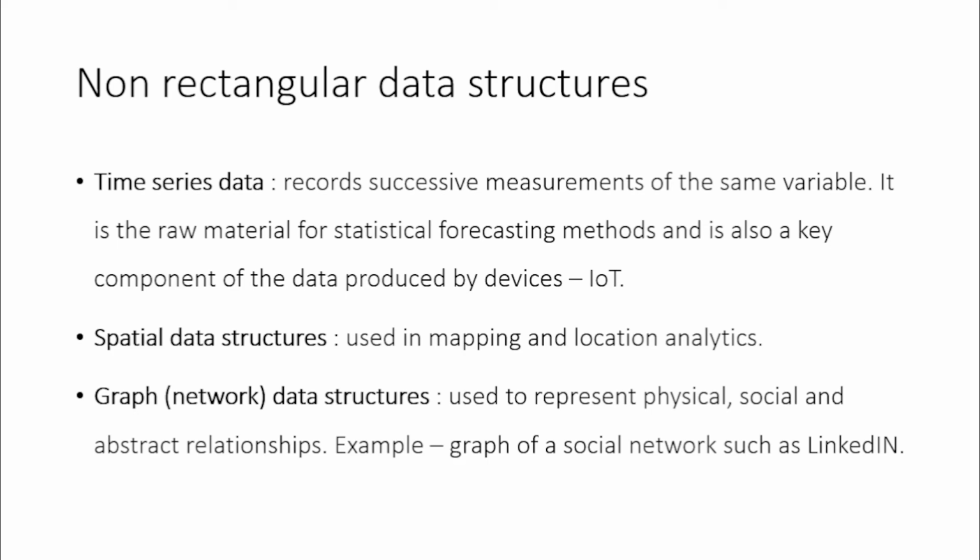They are used to represent physical, social, and abstract relationships. For example, a graph of a social network such as LinkedIn may represent connections between people on the network. Distribution hubs connected by roads are an example of a physical network. Graph structures are useful for certain types of problems such as network optimization.